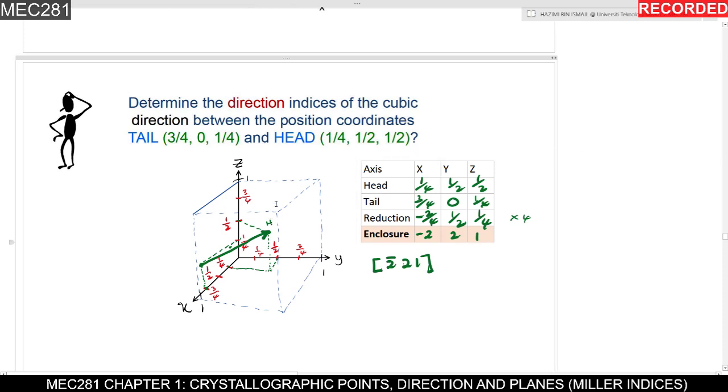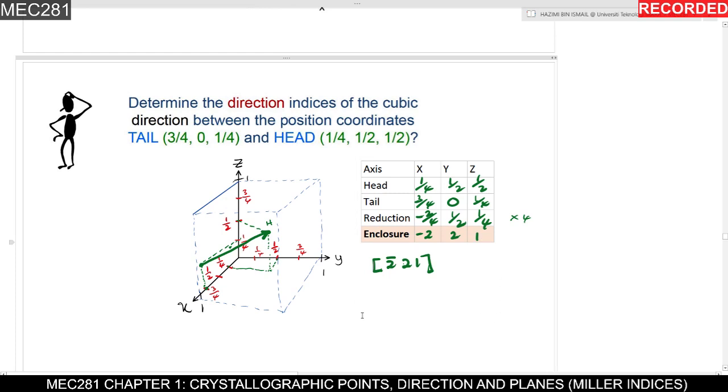Okay, so you do not have to draw the 3D dimensions here. I draw because I want you to imagine the position of the points here. But for these questions, it just wants the direction indices.